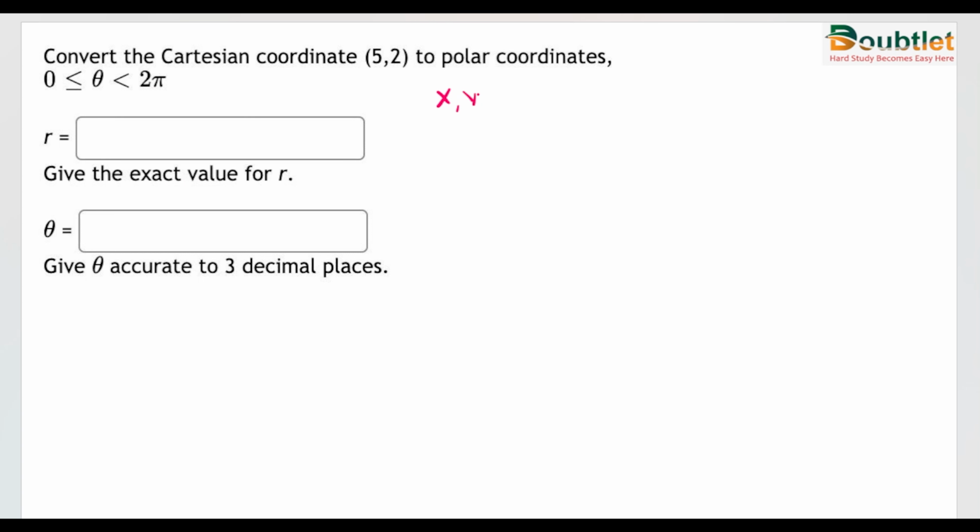So we can write x comma y is equal to 5, 2. On comparison, x is equal to 5 and y is equal to 2. Now if we locate this in the Cartesian plane, this is the y axis, this is the x axis.